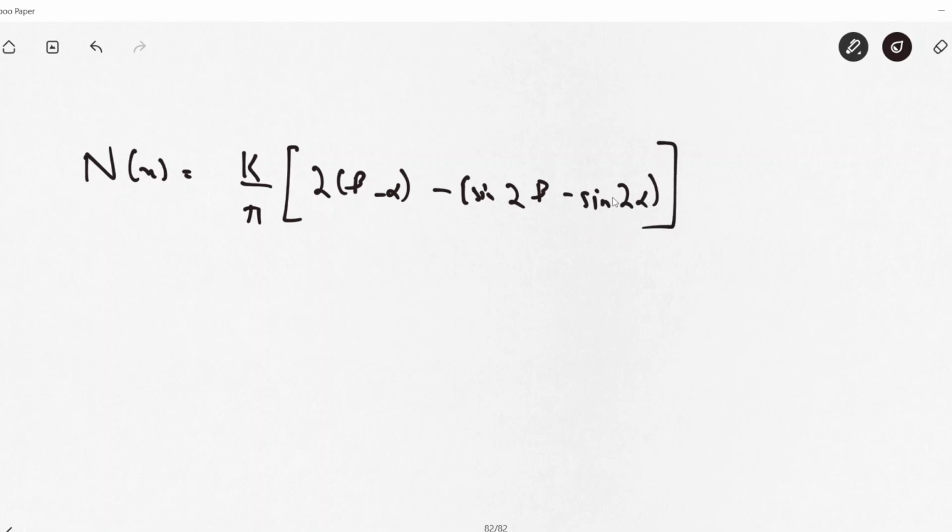This is your Nx at an angle of 0 degrees. Fine.